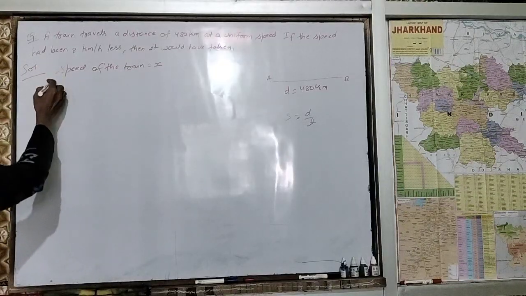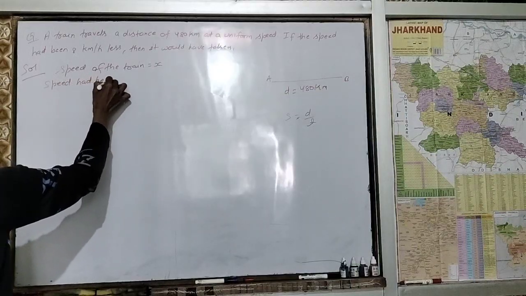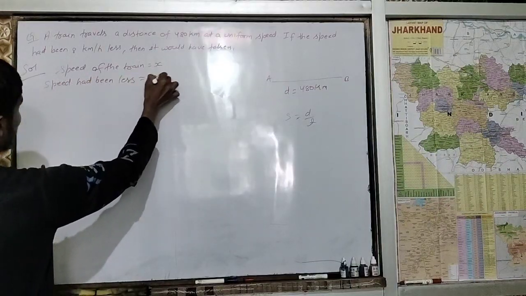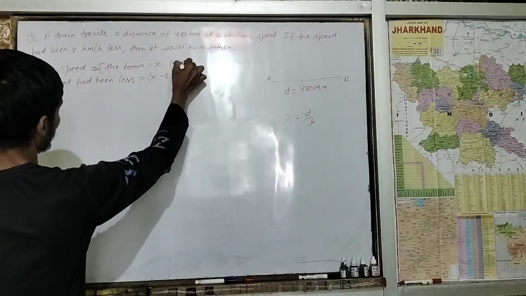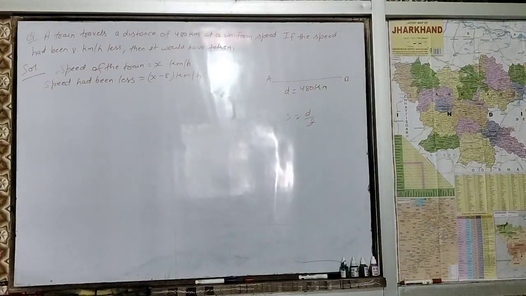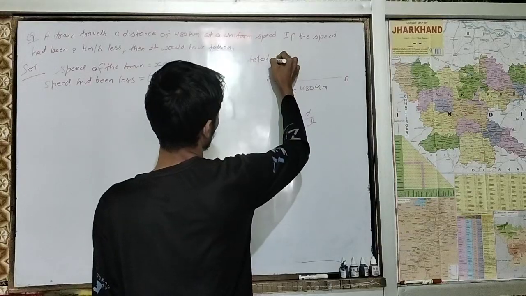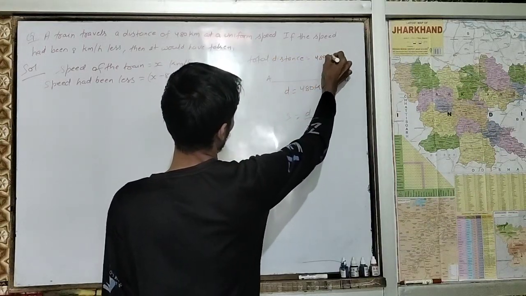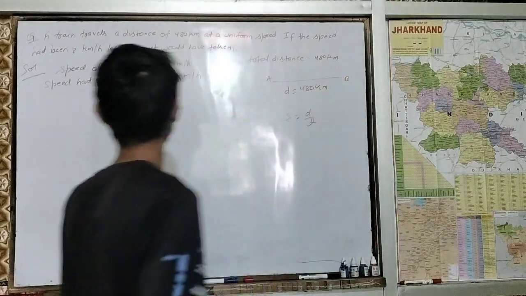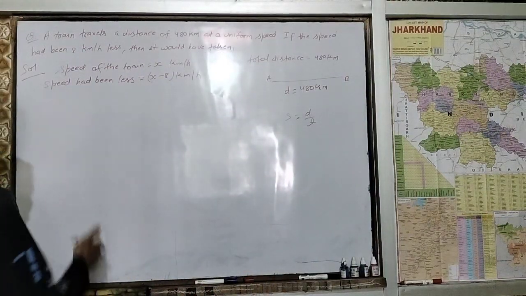Now the reduced speed is x minus 8 kilometers per hour. The total distance is 480 kilometers. Now what is the time?